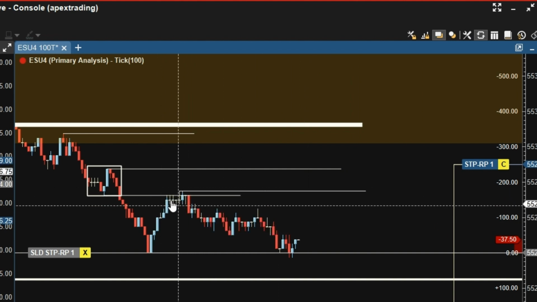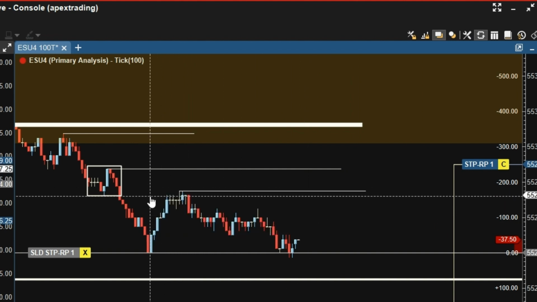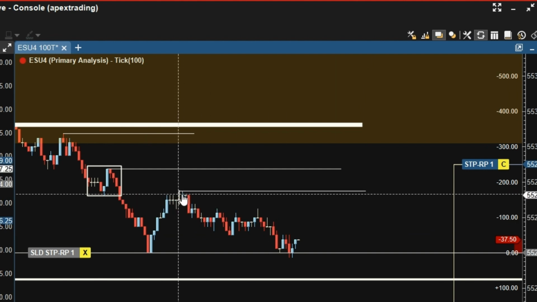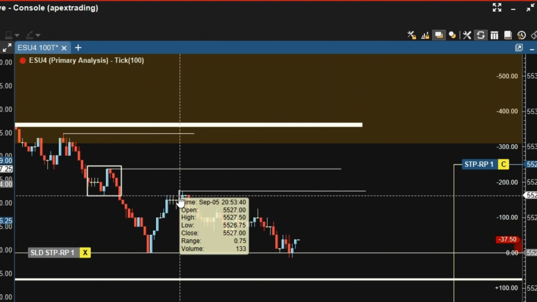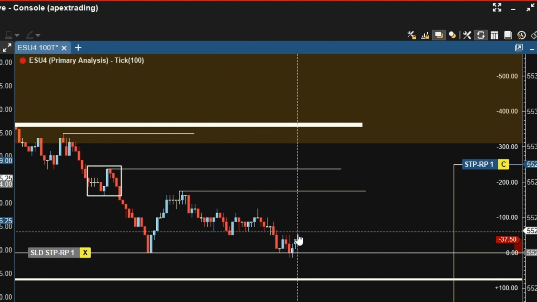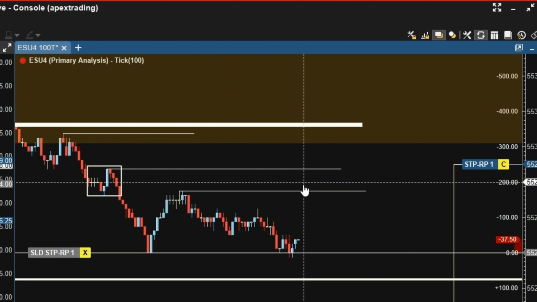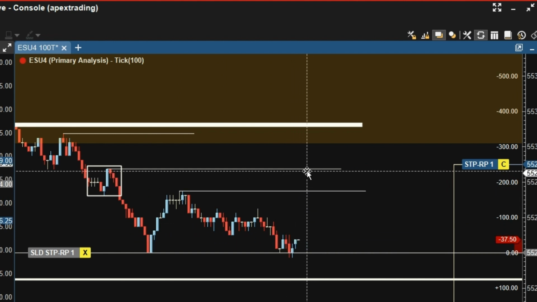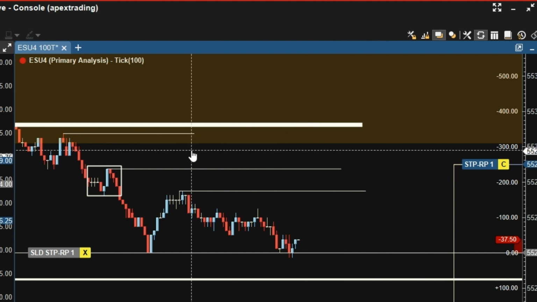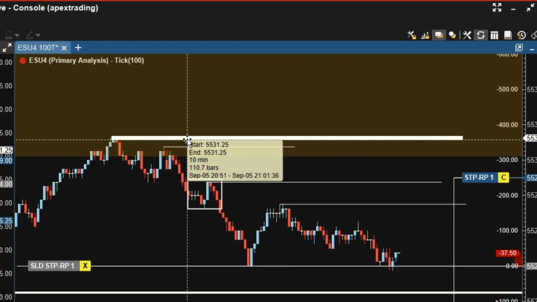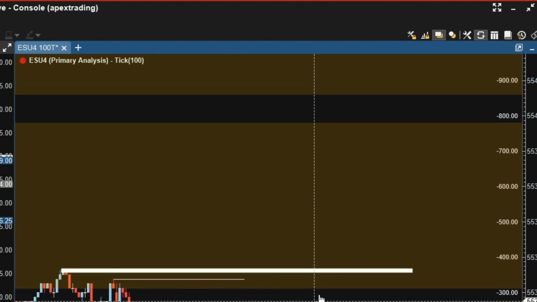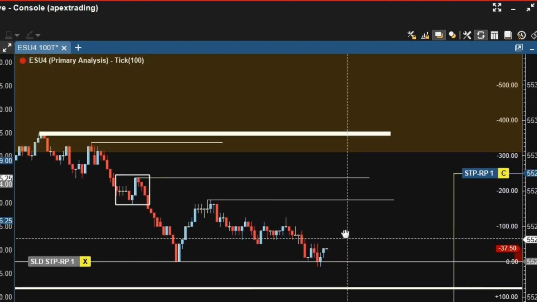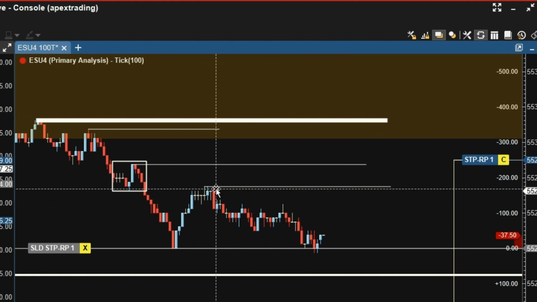I am thinking, okay, this structure should hold its integrity. Price should not displace above this, right? Price should not move above this. When it displaces and moves here, maybe this area here should be taken out, and maybe we're gonna fully fill this 5-minute fair value gap. So this area for me now is crucial.